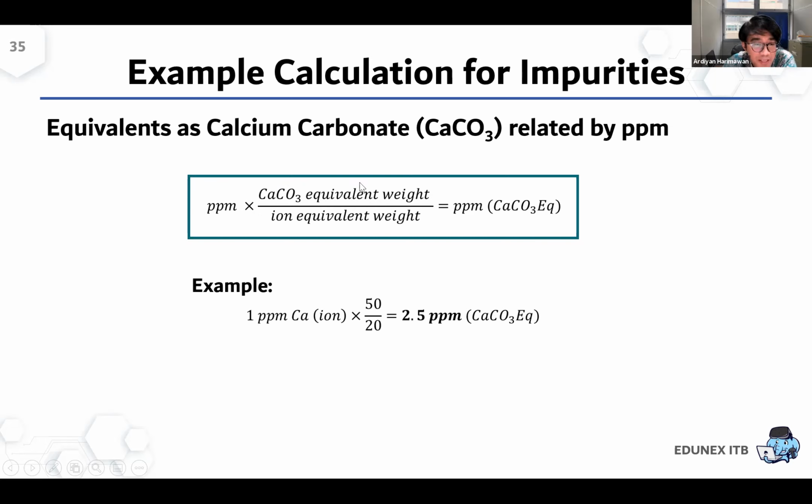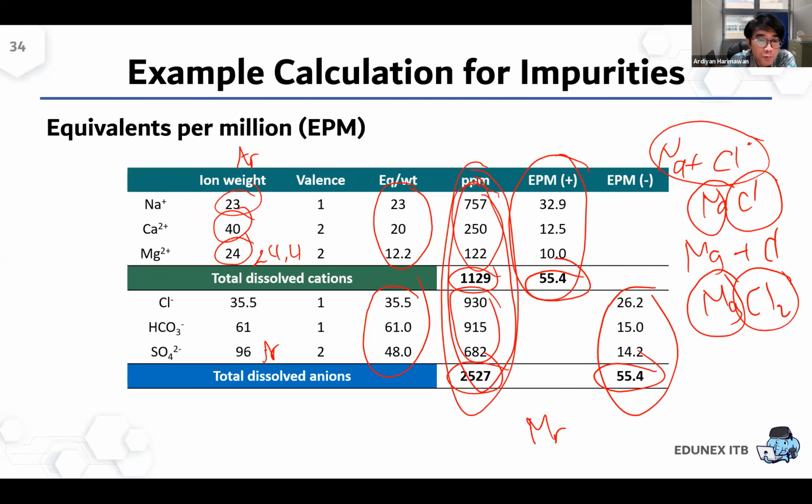So 1 ppm of Ca ion will equal 50, which is the Mr of this one, divided by this, the ion equivalent weight. You get the ion equivalent weight from this one.